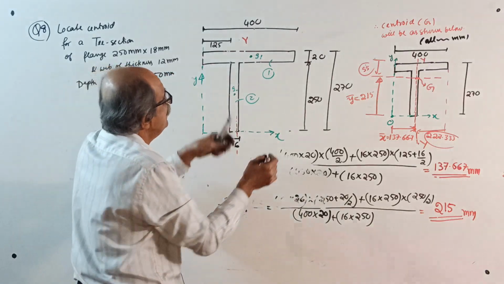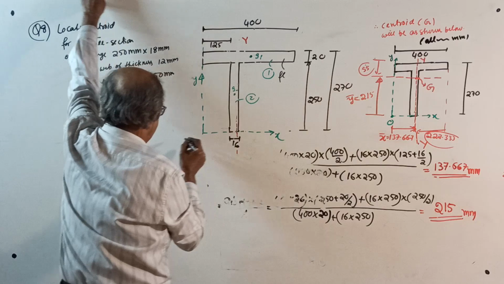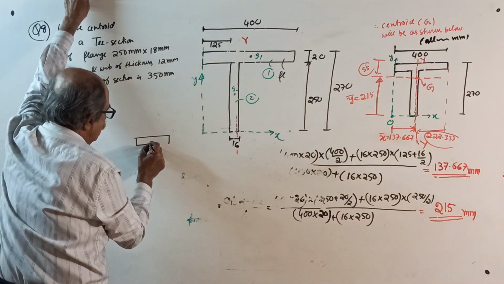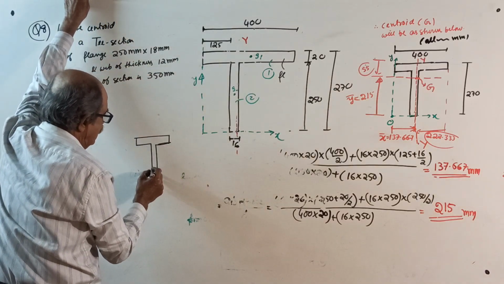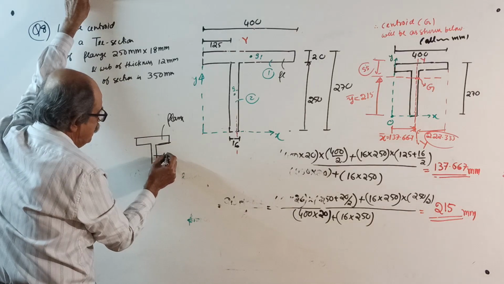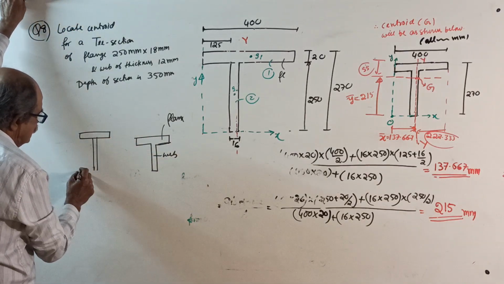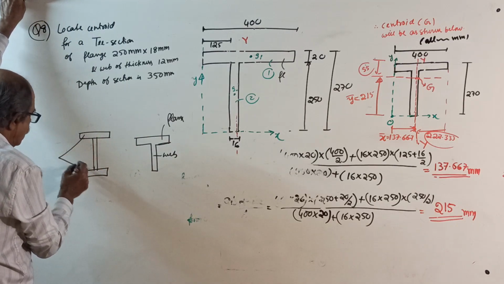See, one minute I will tell you now. Last time question, you can make a note. This is called flange. See, in a usual T section, you should know that one. This is called flange. This is called web. If it is I section, these two are called flanges.